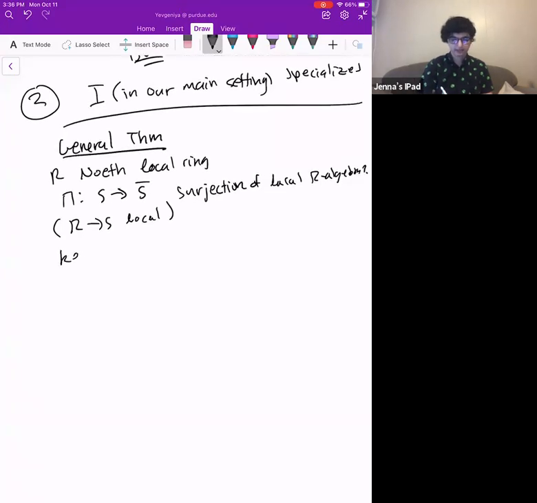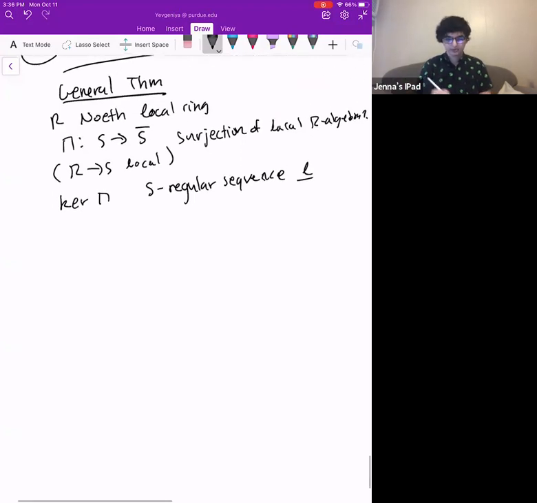And we assume that the kernel of pi is generated by an S regular sequence. And then let's call that S regular sequence L. We assume that S is Gorenstein. And we assume that S bar is flat over R.